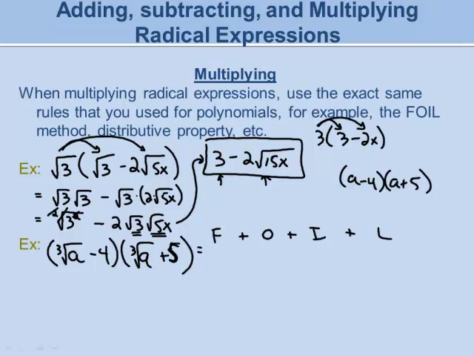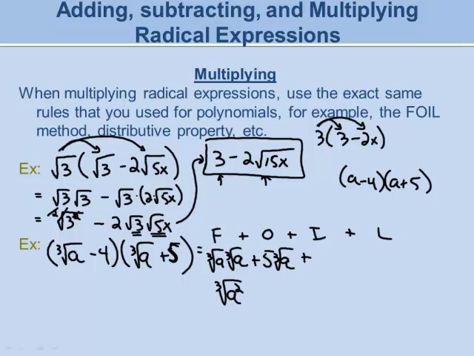So if we FOIL that out, F of course stands for multiplication of the first two terms. So that would be the cubed root of a times the cubed root of a, which is then going to further simplify down to give us the cube root of a times a, or the cube root of a squared. The outer product will be cubed root of a times positive 5, which gives us exactly that, plus 5 times the cubed root of a, which cannot be simplified further.